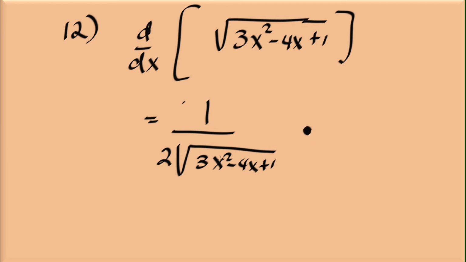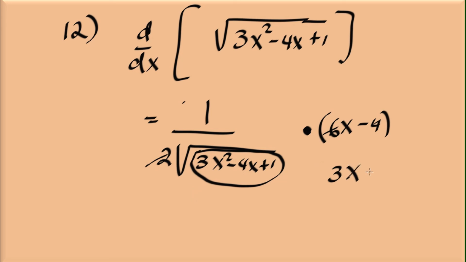We just have to multiply this by the derivative of this radicand here, which is 6x minus 4. And you can reduce this by 2. So our numerator is just going to be 3x minus 2 over the square root of 3x squared minus 4x plus 1.